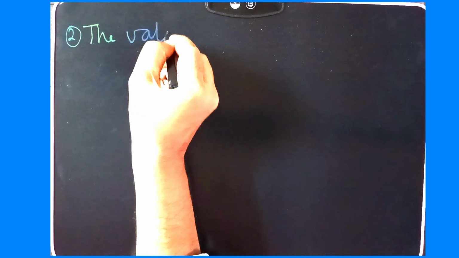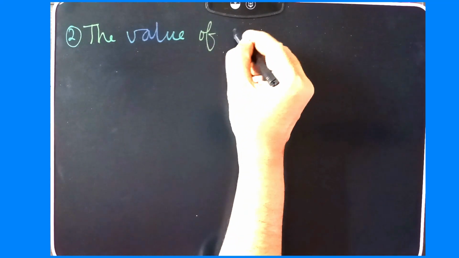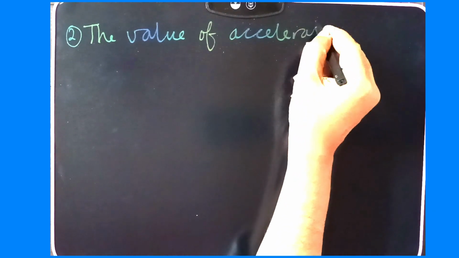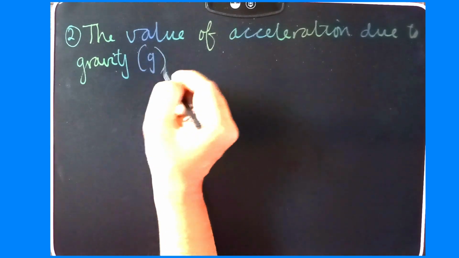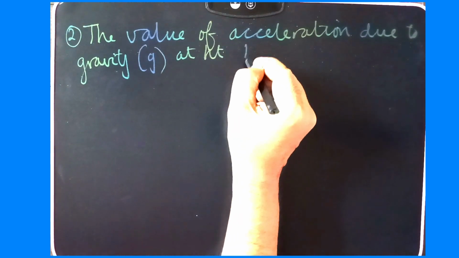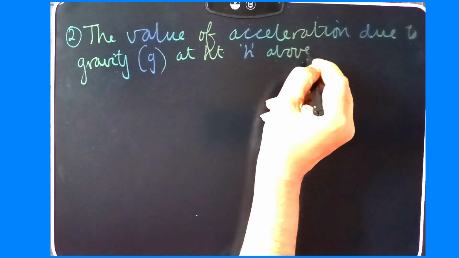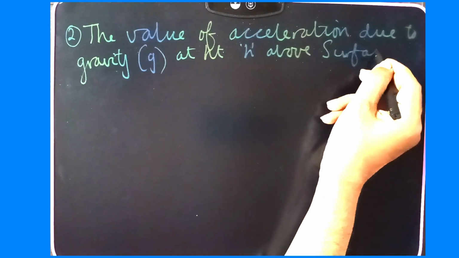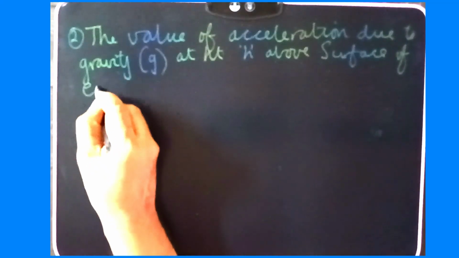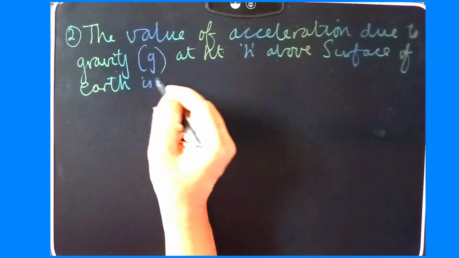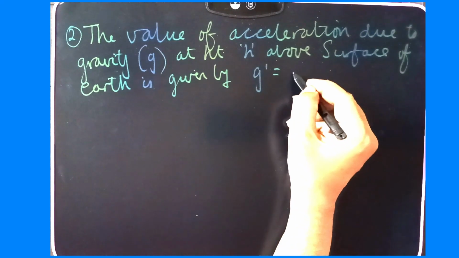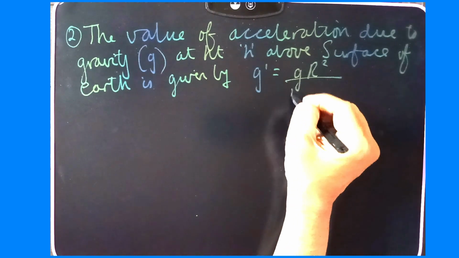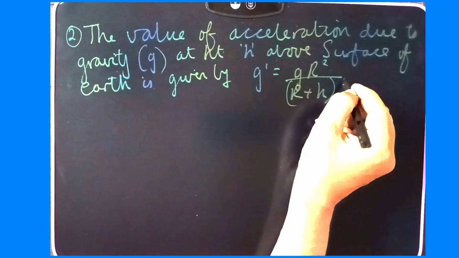The value of acceleration due to gravity g at height h above surface of earth is given by g dash is equal to g R square divided by R plus h the whole square.